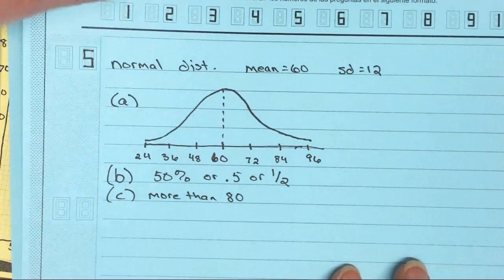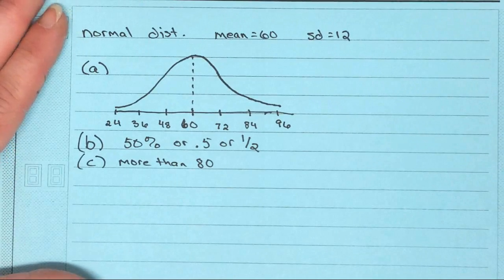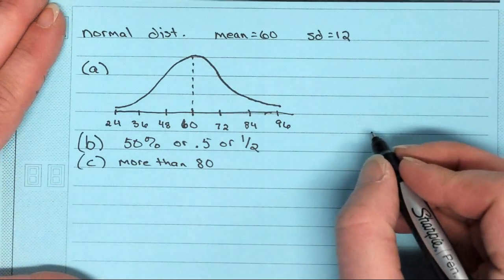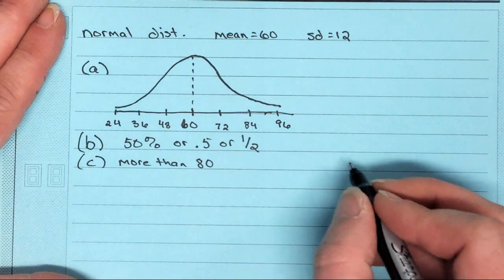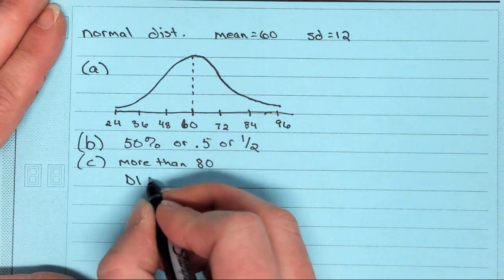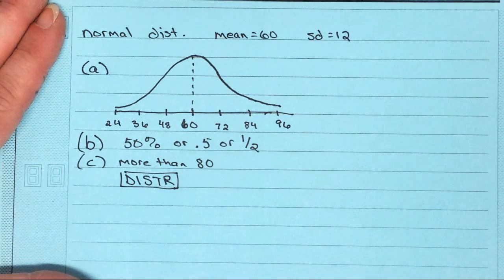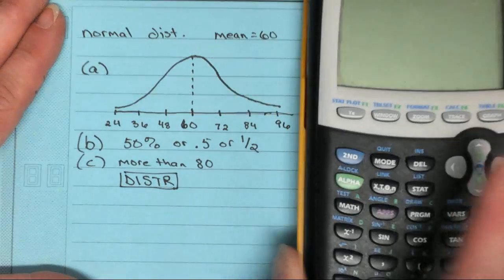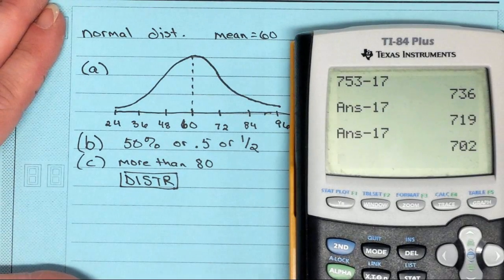So this side stuff I wouldn't actually write on my paper. We're doing it for this. Distribution is under DISTR. Do you see where that button is? It's above bars. Gotta turn it on first.